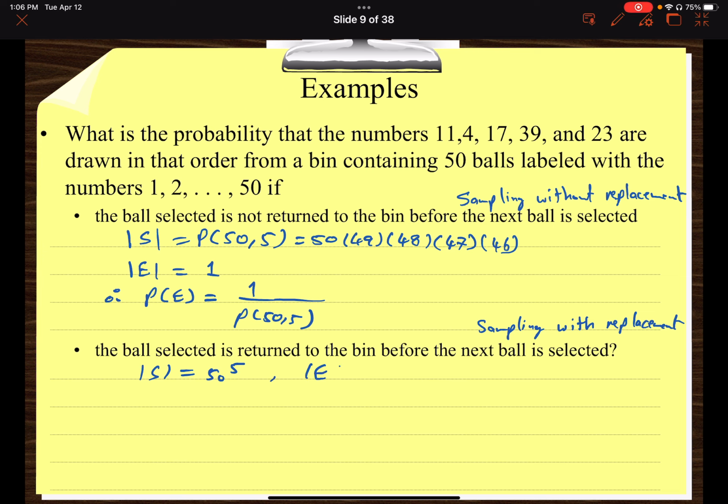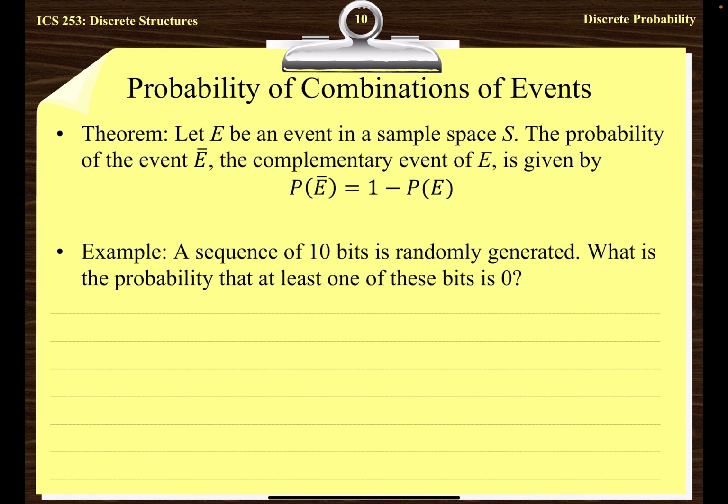And since the event still has size 1, the probability of E in this case is going to be equal to 1 divided by 50 to the power 5. Any question? Very good. Right. So let's continue.